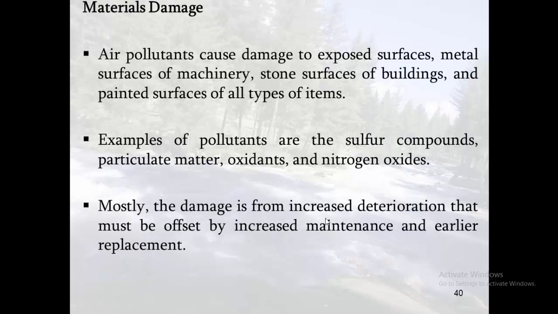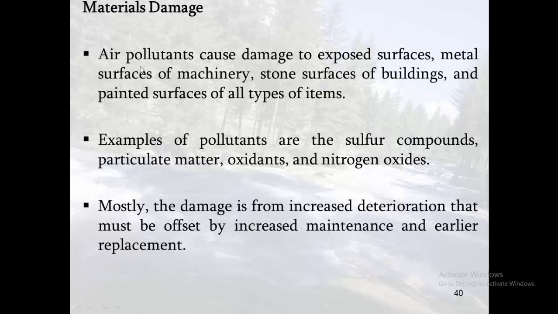Another way to estimate the damage directly is the material damage. The air pollutants cause damage to exposed surfaces: metal surfaces of machinery, stone surfaces of buildings, painted surfaces of all types of items.